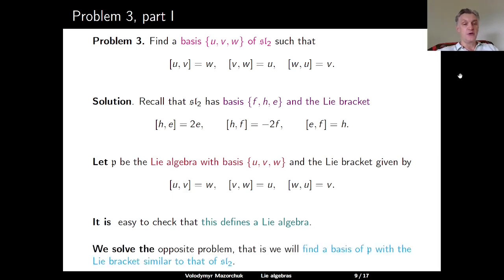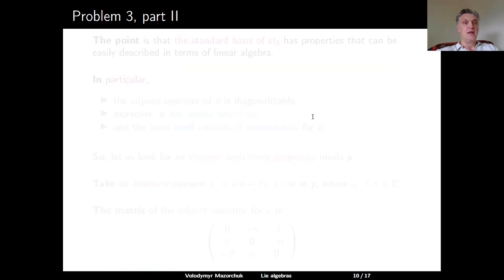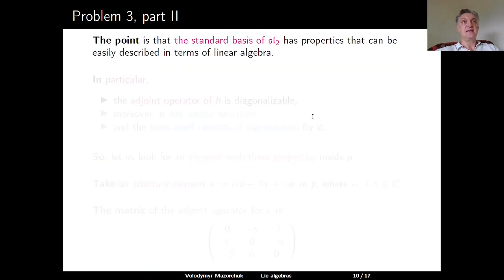Now we are going to solve the opposite problem. We will find in this Lie algebra P a basis with the Lie bracket which is the same as the Lie bracket for the standard basis of sl2. The point is that this is easier to solve because the standard basis of sl2 has certain very nice properties which we can use.